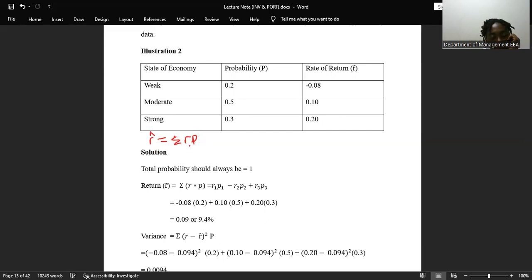Okay, so to break it down further, for understanding sake, I'll break it down further. So meaning rate of return. According to the question, we have 3.